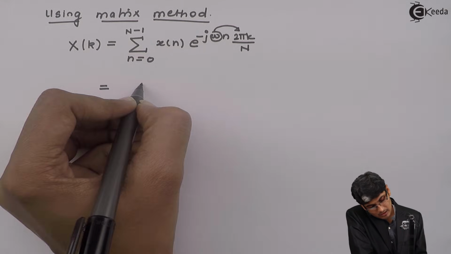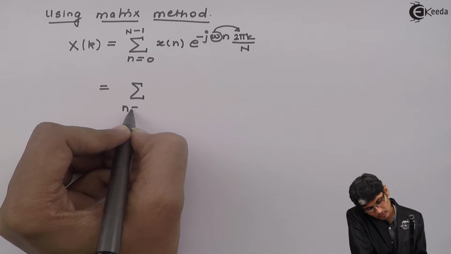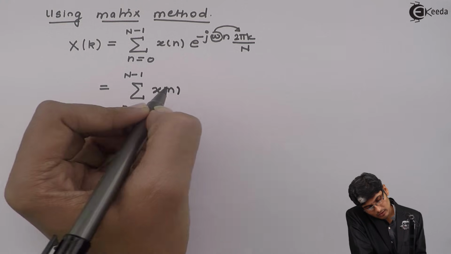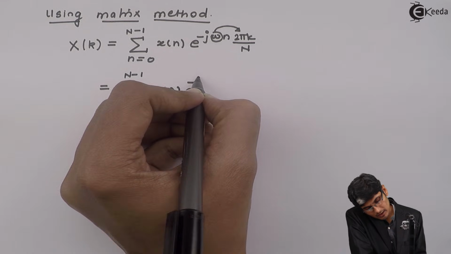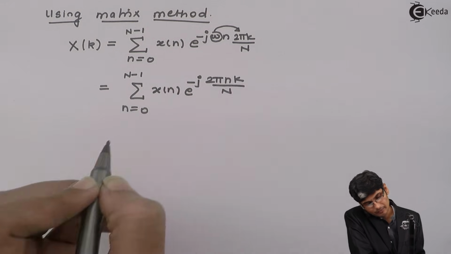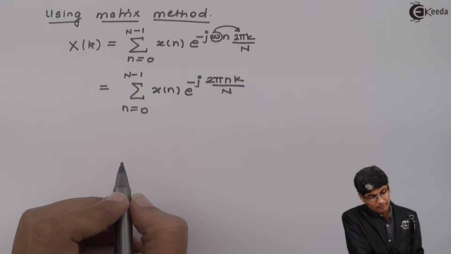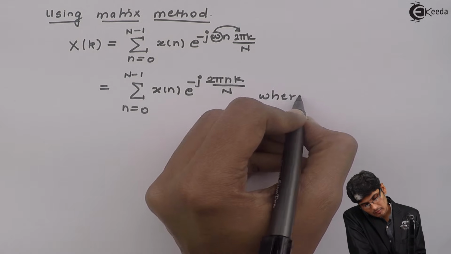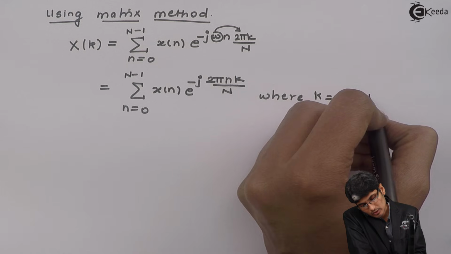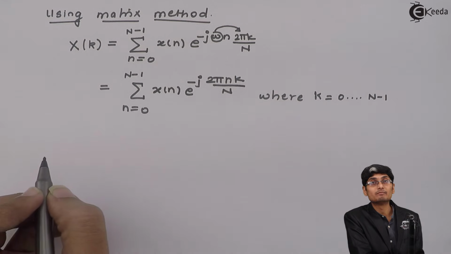So I'll write it again. It gives summation n equal to 0 to N minus 1 x of n e raised to minus j 2 pi n k by N, where my k is ranging from 0 to N minus 1.